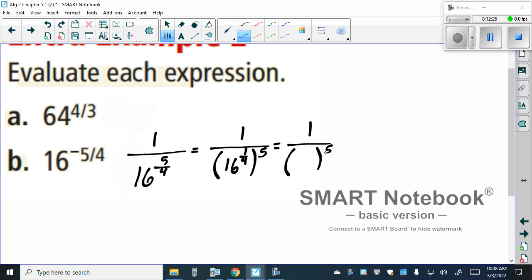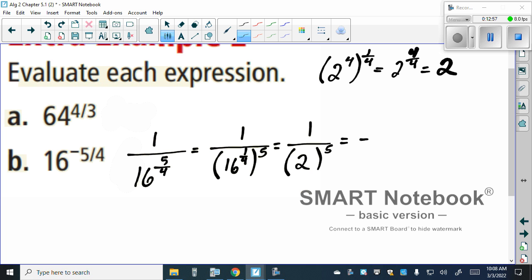Well, we do need to find the 4th root of 16. And the 4th root of 16 would be 2, because 2 to the 4th is 16. Because again, what we're saying, kind of off to the side, what we didn't write, is we have 2 to the 4th to the 1/4, which is 2 to the 4/4, which is just going to be 2.